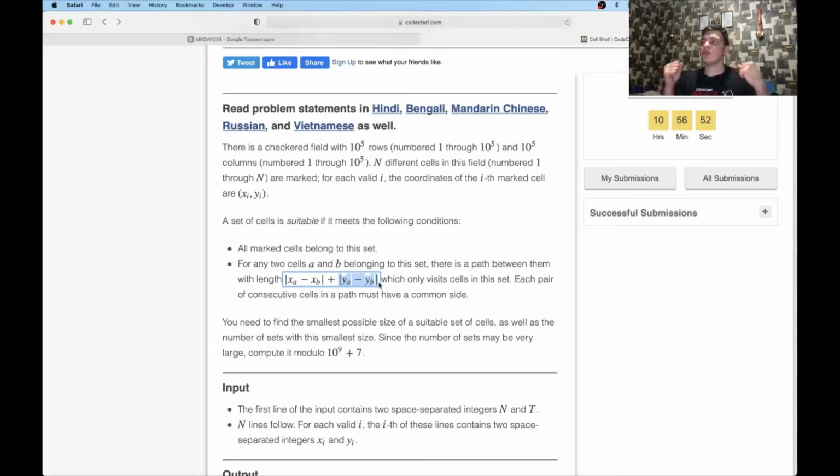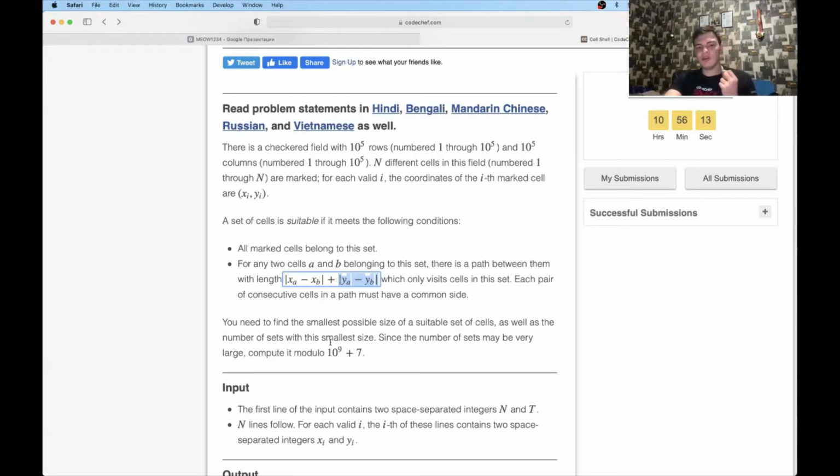In some sense, you wanted to extend the initial set so that there was a path between every two cells whose length was equal to the Manhattan distance between them. In other words, the whole set was connected and there was a Manhattan path between every two cells. And you wanted to find the minimal size of a set, so that there is at least one way to do this.